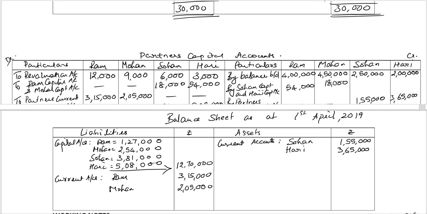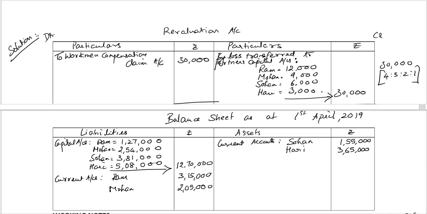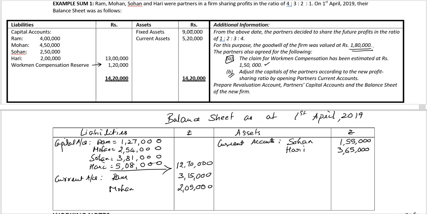So let's go back to the balance sheet question to find out if we've missed anything. There's a workman compensation claim. The claim is 1,50,000 rupees.